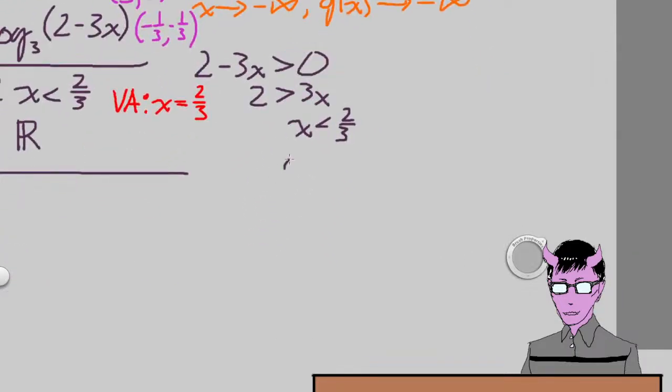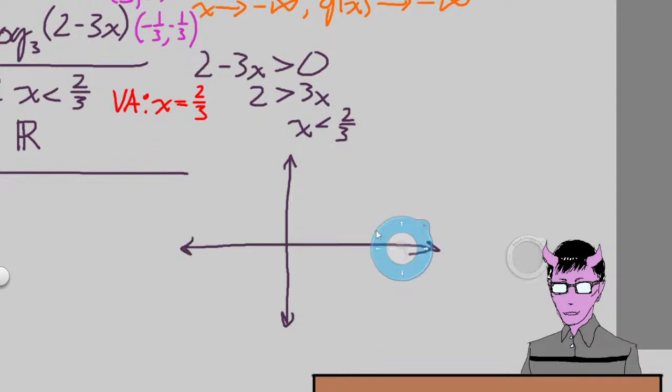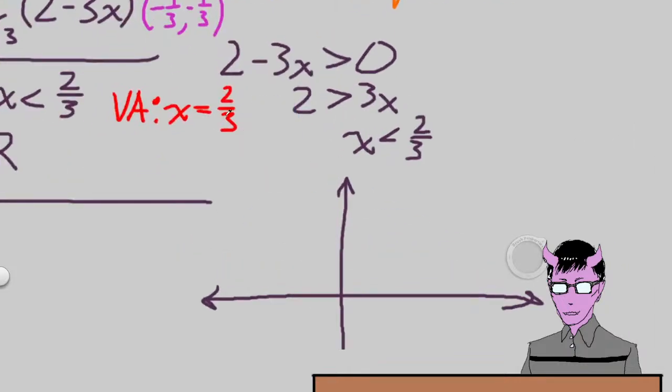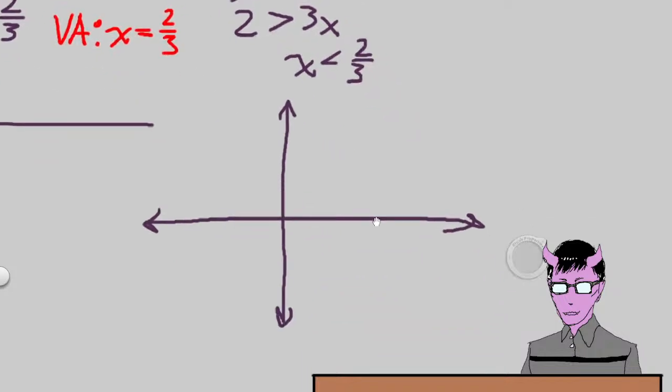Get to graphing. I always prefer to do the wall first. So 2/3, this is going to be positive 1. This is 1/3, 2/3, 3/3. 2/3 is the wall.